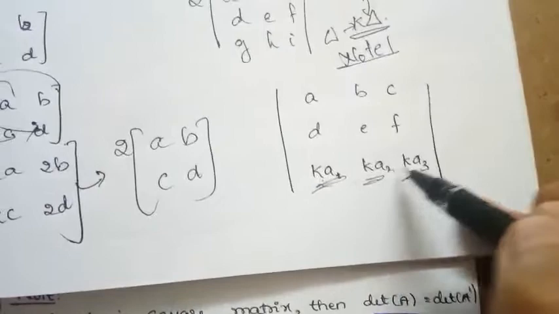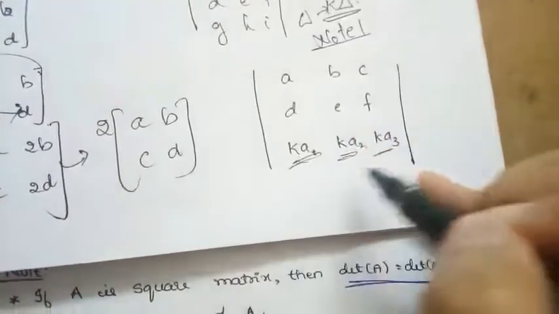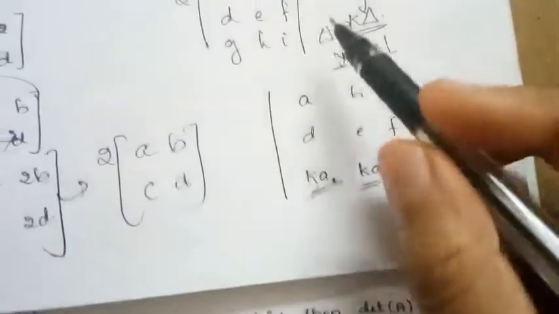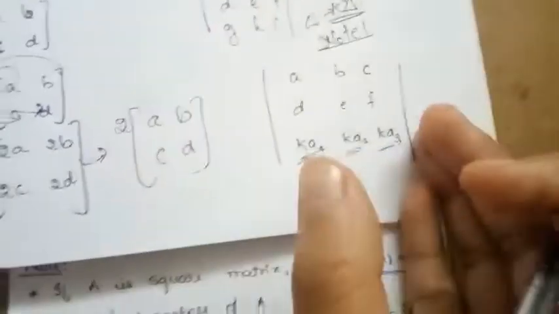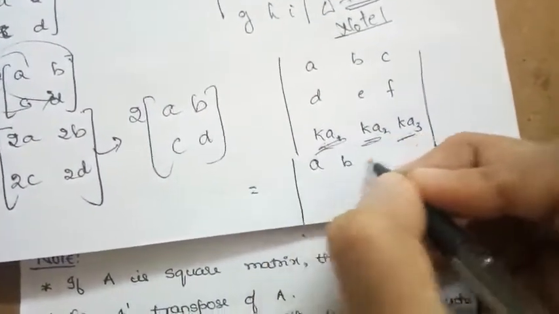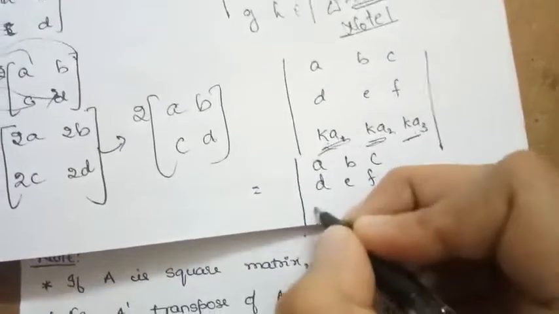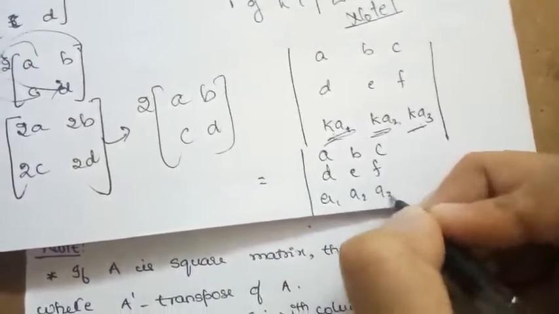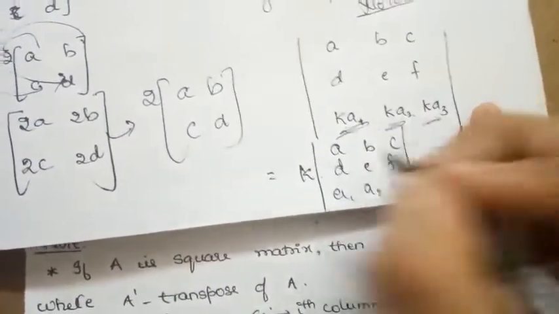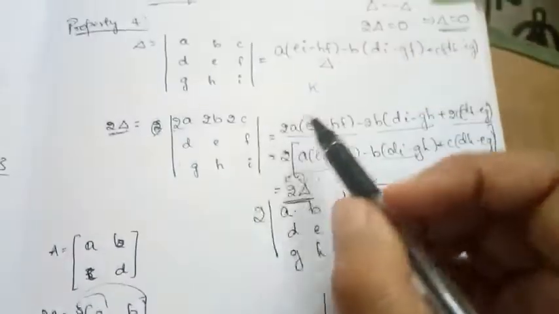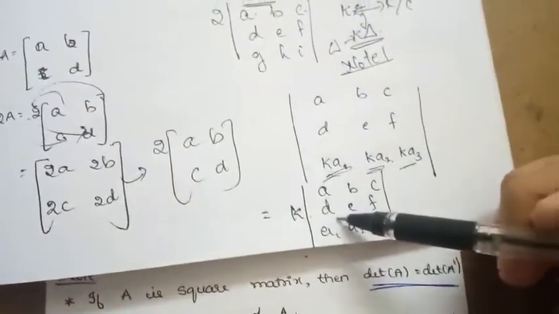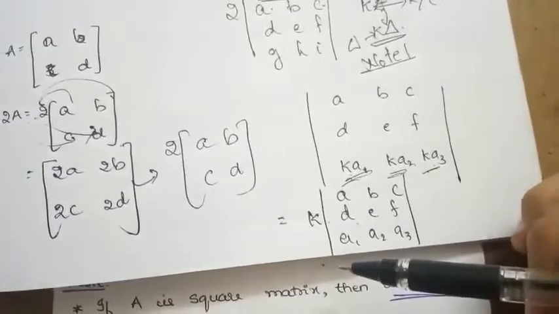So if there is any common element or common multiple or factor in any one row or any one column, we can take that common factor outside and write that determinant as a, b, c, d, e, f, a1, a2, a3, with the k which is taken outside written here. That is nothing but the reverse process of this property 4 we are talking about. Okay, we can take that common outside.